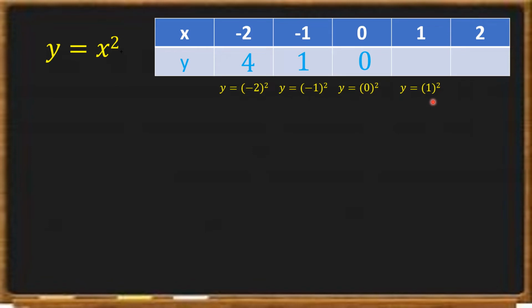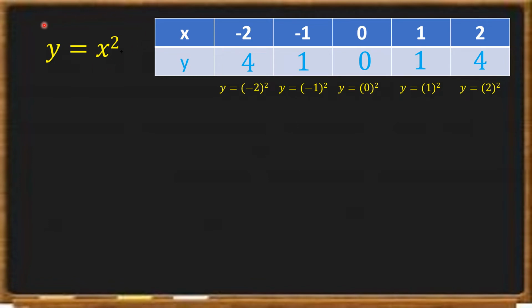So it is still 1. 1 times 1 is still 1. And for x is equal to 2, so y is equal to 2 squared, so it is 4. So your -2, -1, 0, 1, 2, those are values of x and we just simply substitute it here in our given quadratic function.